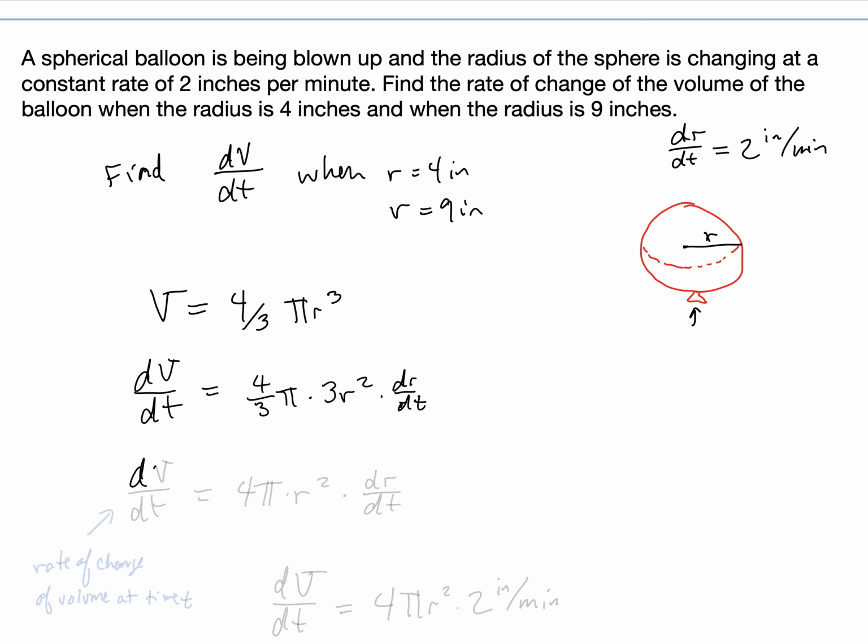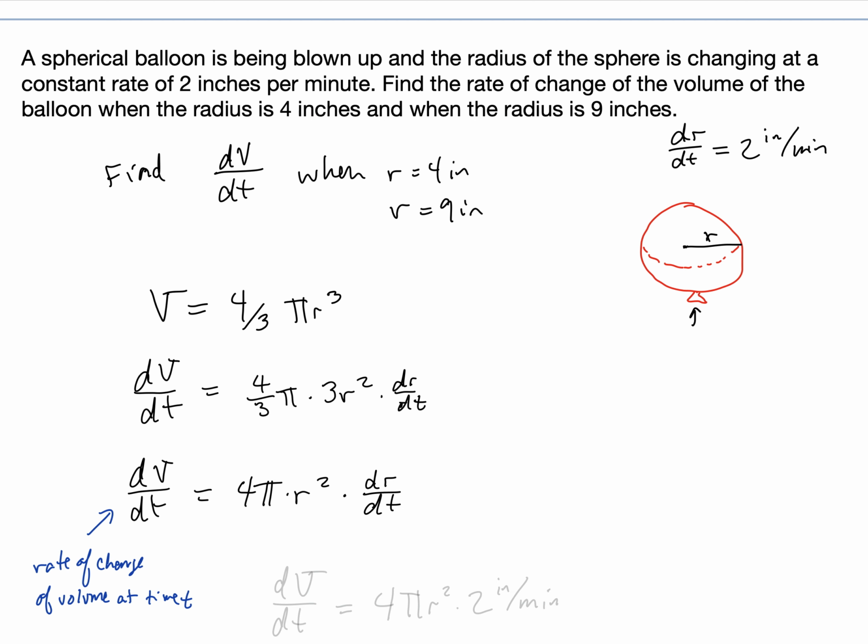That means that dV/dt, the rate of change of the volume of this balloon at time t, is 4/3 times 3, the 3's cancel, 4 pi times r squared times dr/dt.